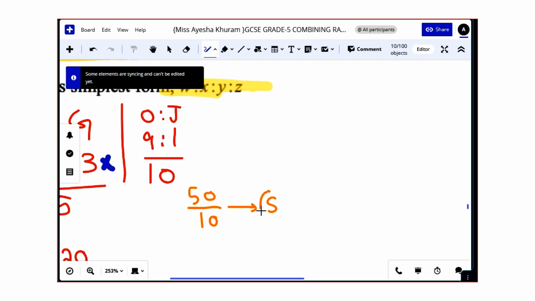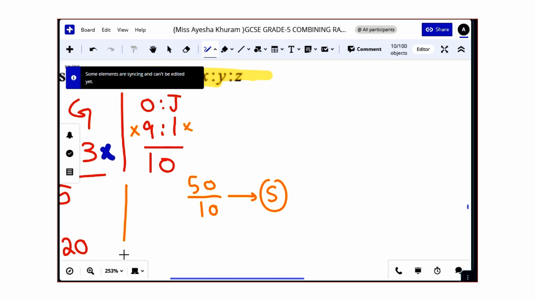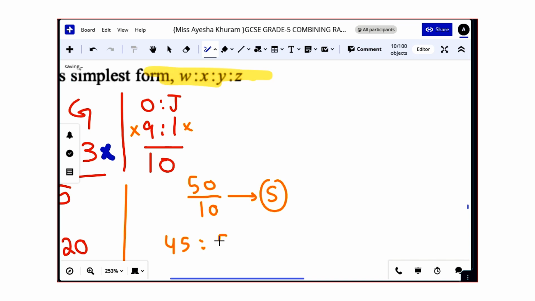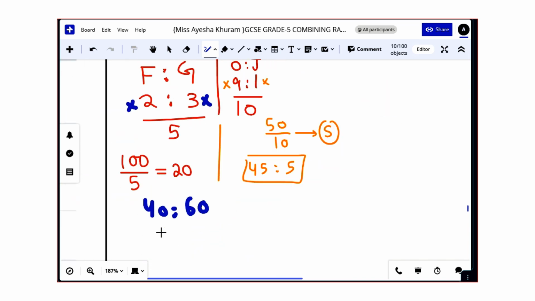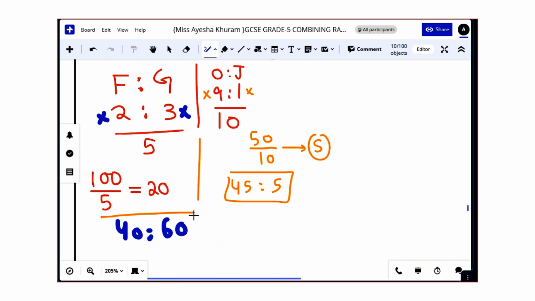So this number I'm going to multiply with this number, and with this number I'm going to multiply as well. So 5 times 9 is 45 for Olivia, and Jessica gets 5 times 1, which is 5. So these are the Olivia and Jessica sweets per part, and that's Fran and Gray's one. I hope you understand every single thing.